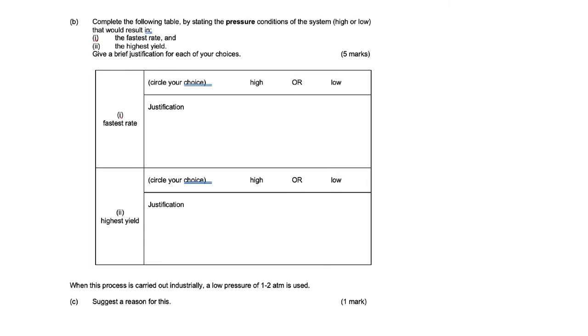Complete the following table by stating pressure conditions, high or low, which would result in a high rate or high yield for this contact process. So fastest rate would be a high temperature. Wait, what's this? Pressure. High pressure for rate, good. And remember, this is SO2 plus O2 goes to SO3, they're all gases.